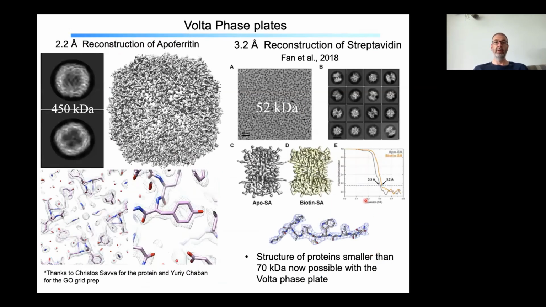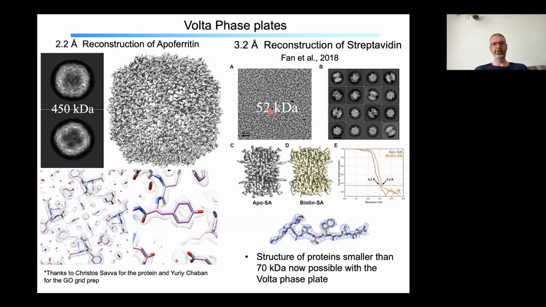The reason that people would still use the faceplate, and I think you can still do structures of sub 100 kilodalton proteins without the faceplate, is that it certainly has a big effect for small proteins, and this is where the real advantage of the faceplate was. This is why people started using it.